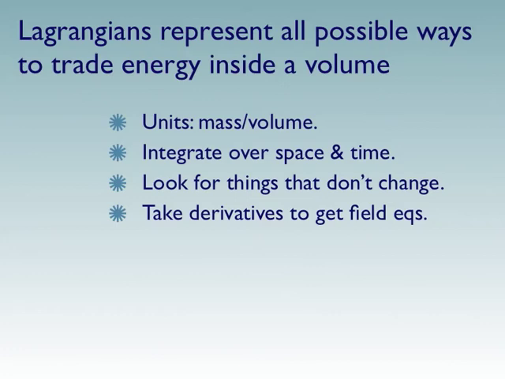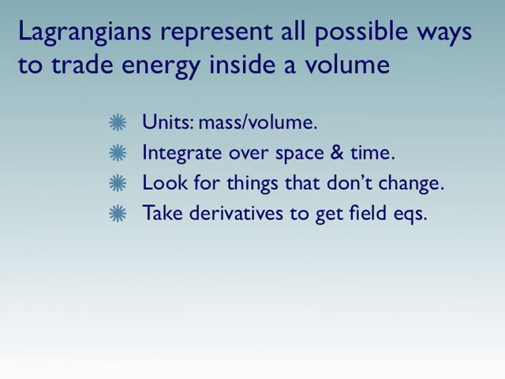If you integrate this over space and time, you get the mass times time. And what we do with this actually is something called the calculus of variations, another field that is not broadly taught. But the idea is to look for something that we can change, and yet it doesn't change the overall integral. If we have found something like that, then that represents a symmetry, and where there's a symmetry, there's a conserved quantity.